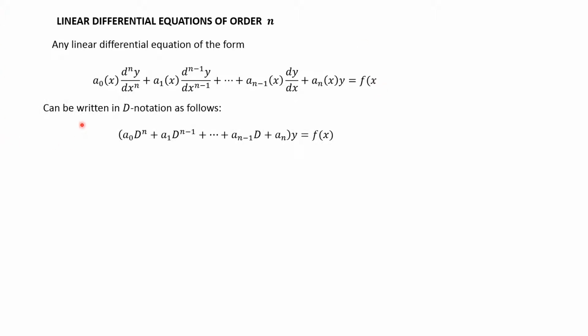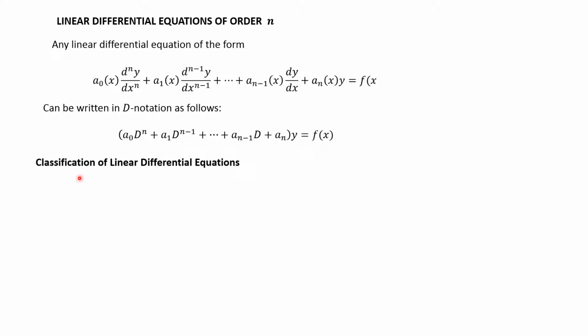Now, this can be written in operator notation: a sub 0 D^n plus a1 D^(n minus 1), plus the last is a sub n minus 1 D, plus an, is equal to f of x.